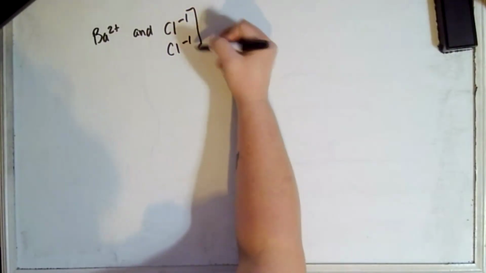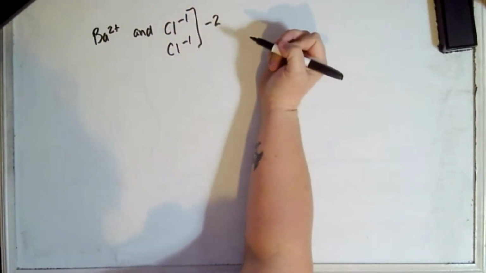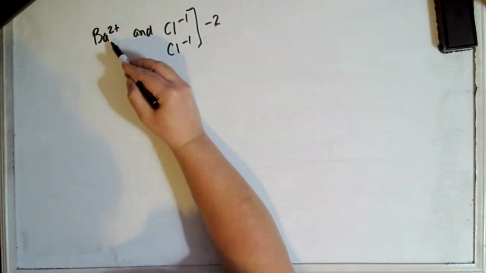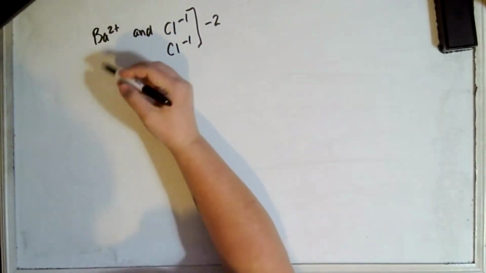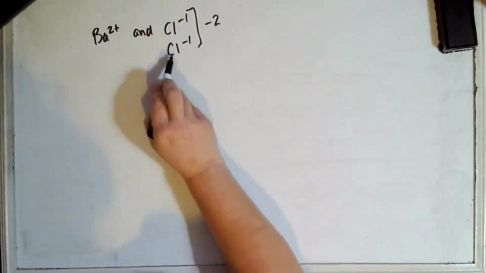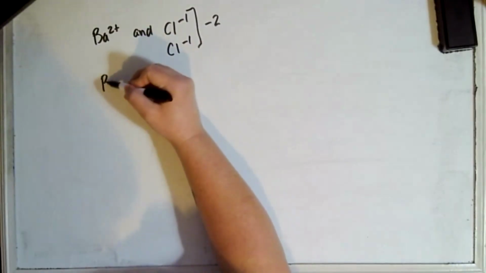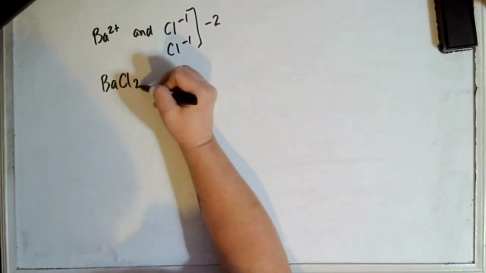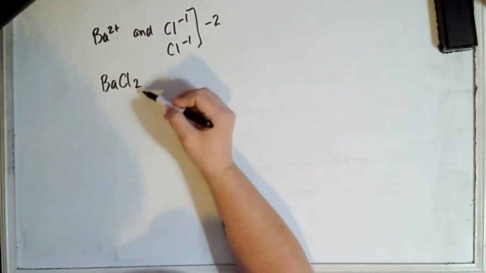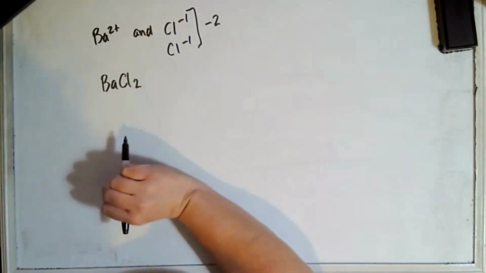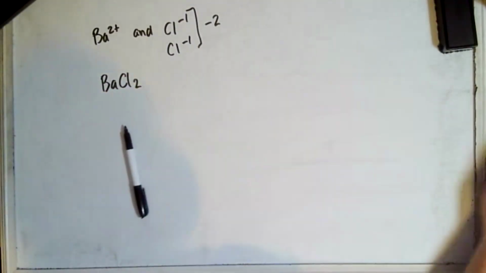So I'm going to need two chlorides to give me a total of -2 for every one barium. The formula I write out reflects exactly how many of each thing I'm using. So one barium, two chloride ions. My formula is going to be BaCl2.